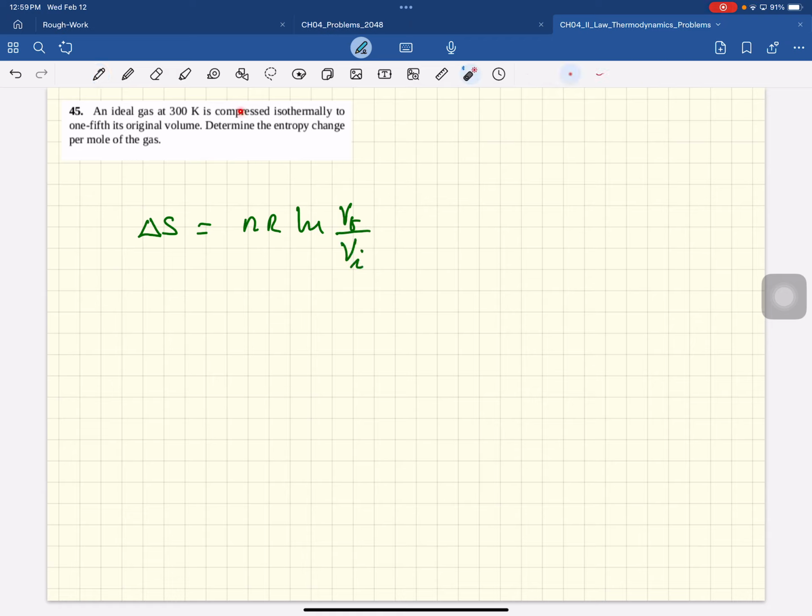Now, the gas is compressed, so it's compressed into a smaller volume. There's less disorder. So the entropy of the gas actually decreases. And they ask you to determine the entropy change per mole of the gas. So what they're asking you is this, R log V final over V initial.